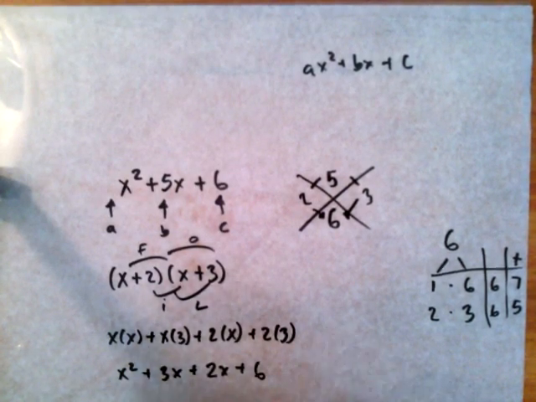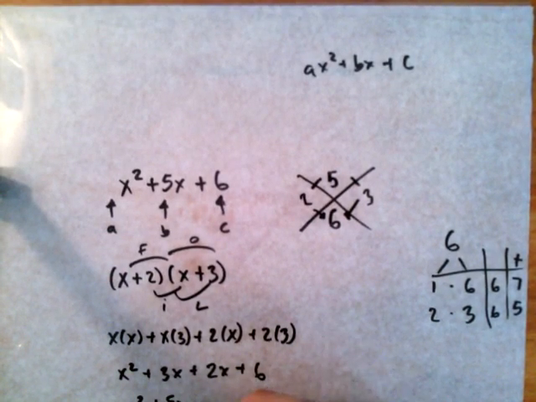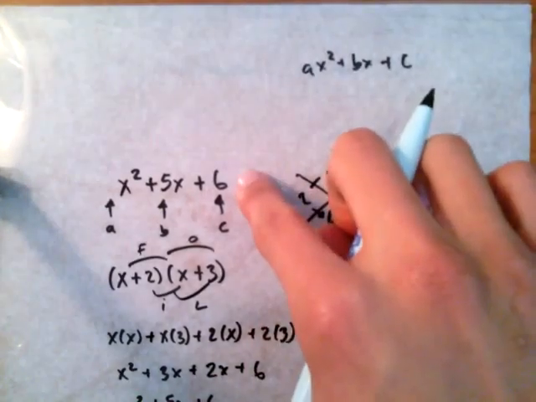Now we want to combine our like terms, which is 3x plus 2x, and when we combine them, we get 5x. And see, back to where we started.